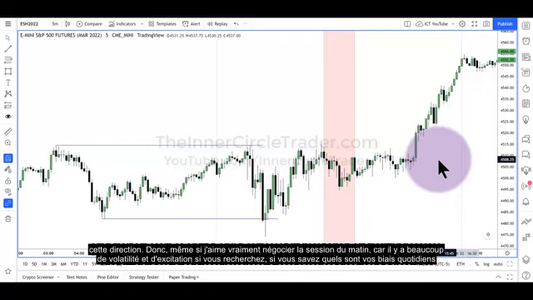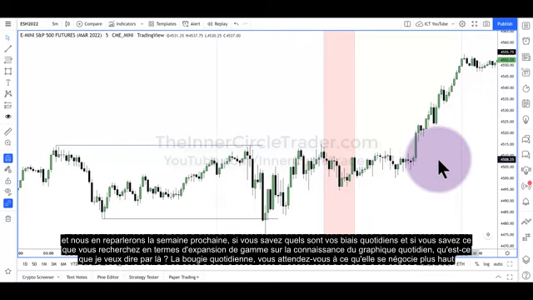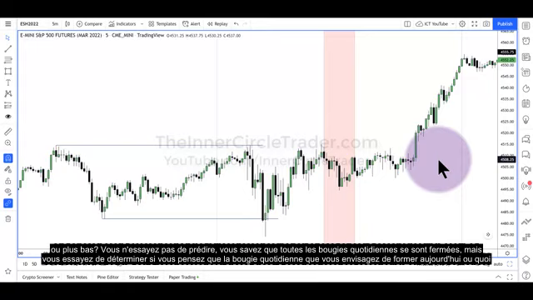So while I really enjoy trading the morning session because there's a lot of volatility and excitement, if you know what your daily bias is, and we'll talk about that next week, and you know what you're looking for in terms of range expansion on the daily chart, now what do I mean by that? The daily candle: do you expect it to trade higher or lower?